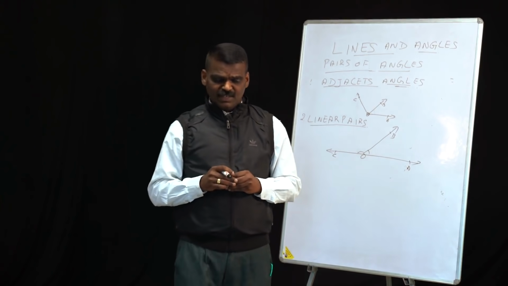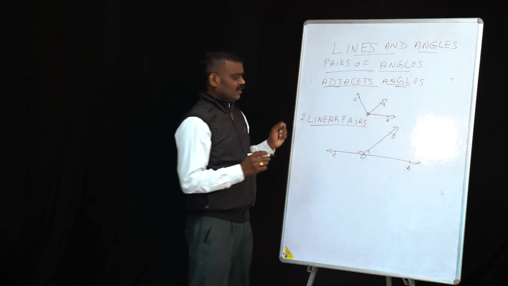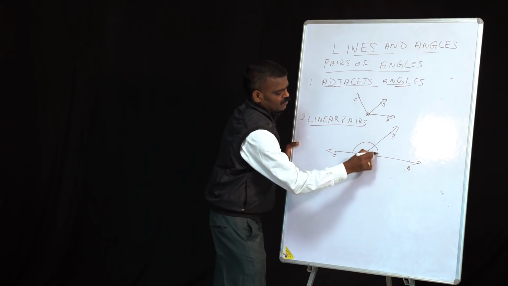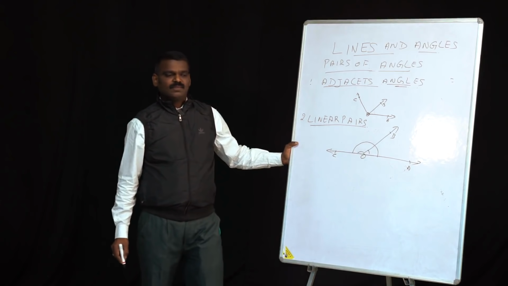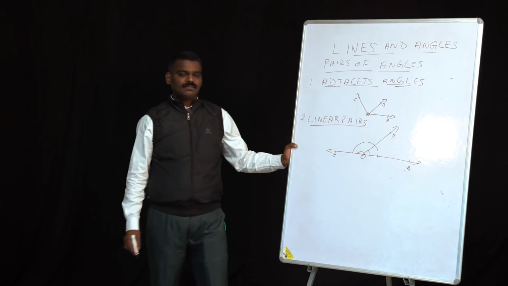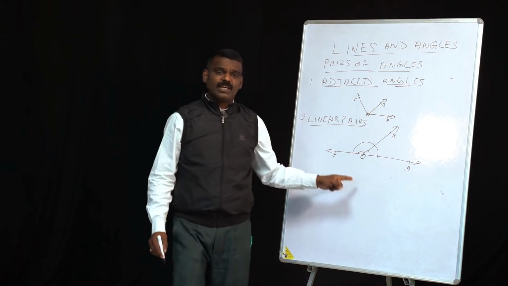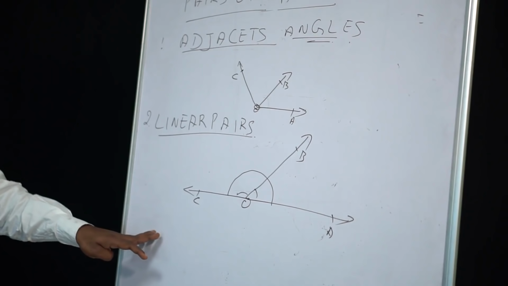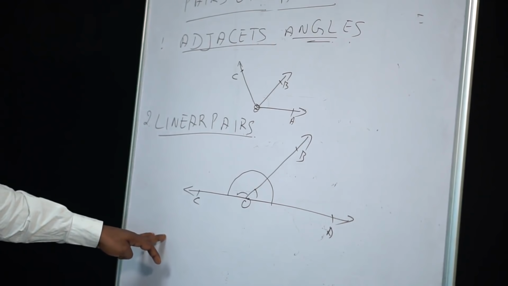Now, for linear pairs of angles, I want to explain one more point here. Can you say angle AOC also? Can you say angle AOC here? Yes. What is the name of angle AOC? Yes, straight angle, right?